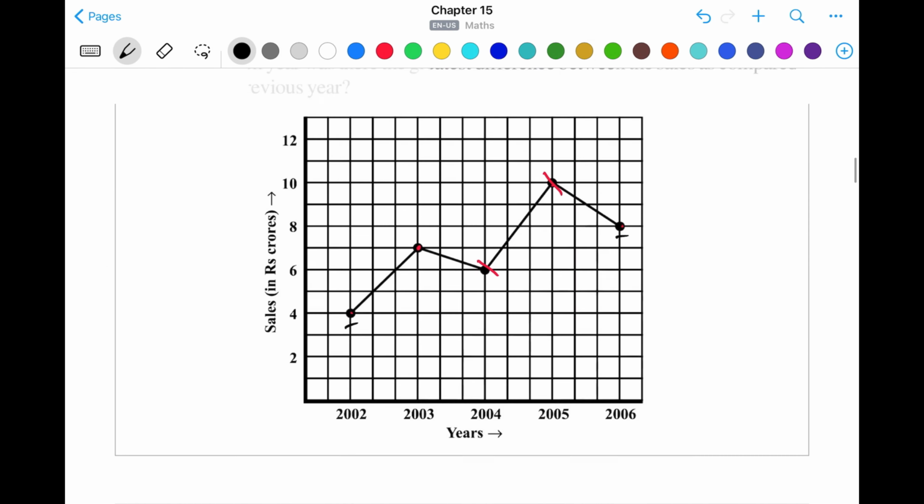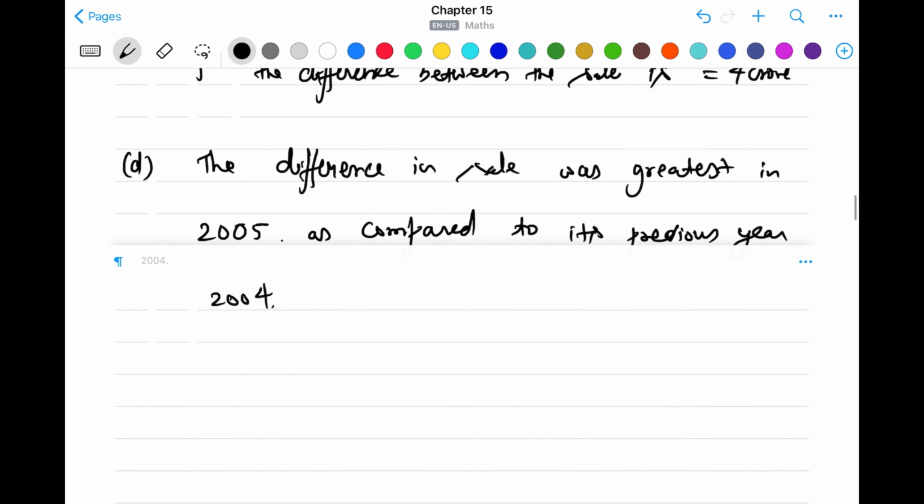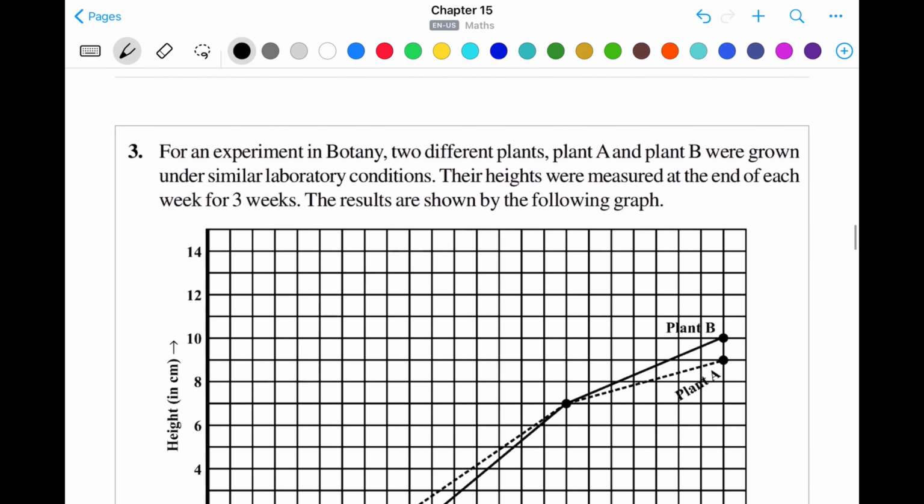From the graph you can easily see that longest length of the line is in between 2004 and 2005. So we can say the difference in sale was greatest in 2005 as compared to its previous year 2004. So that's the answer of question number 2. Now moving to the next question.